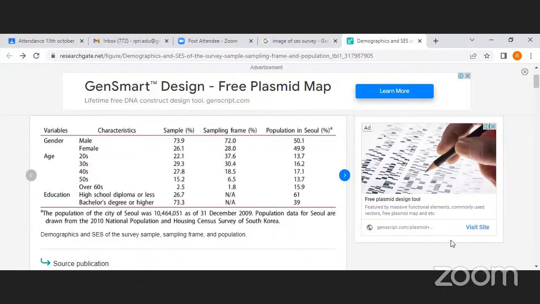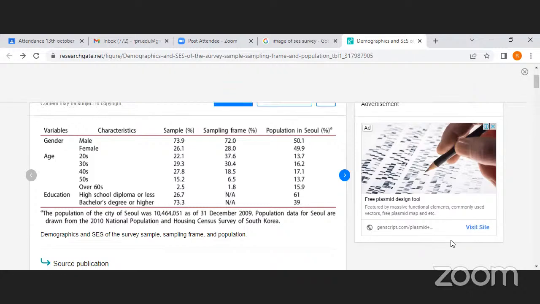So the population is 50% male of the total population, and 49% is female. And when you have designed the sampling frame, then 72% is from the male respondents, and 28% from the female.